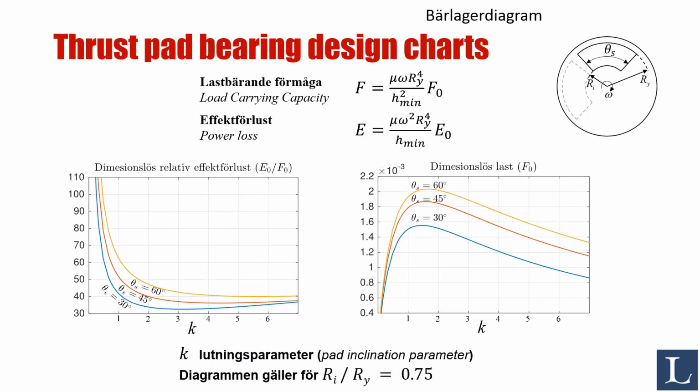Now we have come to the thrust pad bearing design charts, and here we see two of them. In each of them we see three curves for three different pad segment angles, and we see how the load carrying capacity and the power loss change with the pad inclination parameter.